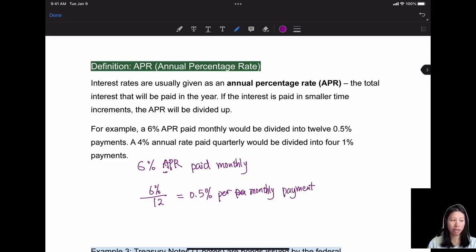Here is a second example, a 4% annual rate paid quarterly. If you have a 4% APR, you are supposed to get a 4% interest rate over the year, and now they pay quarterly.